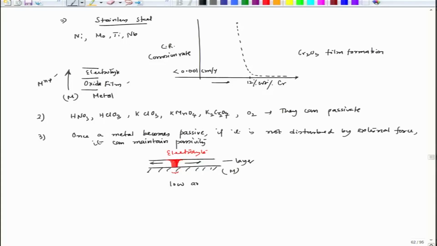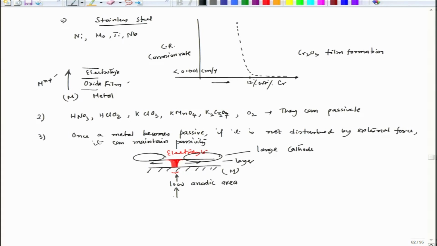So, oxides can be cathodic to the metal. So, now we have a tricky situation, a low anodic area, since this becomes a small anodic area and around this zone you have a large cathode. In that case the dissolution rate in this portion will be extremely high.